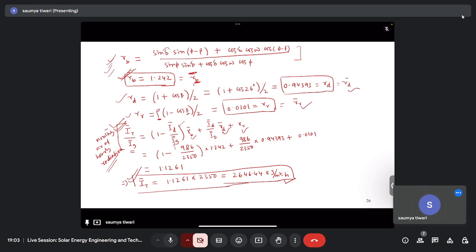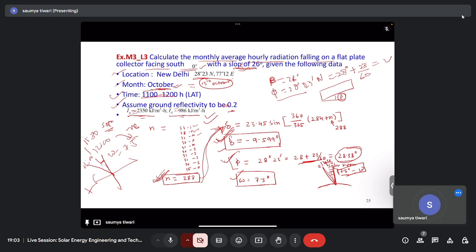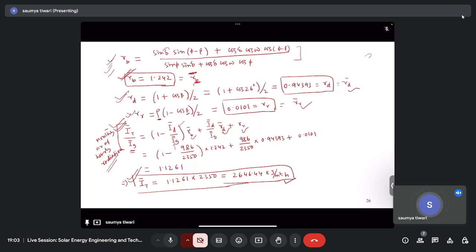Similarly, we can calculate RD and RR, and the Ig bar value is already given in the question. The monthly average hourly global radiation and ID bar are also given. So we can put all these values back into this equation, and we can get your IT bar value.